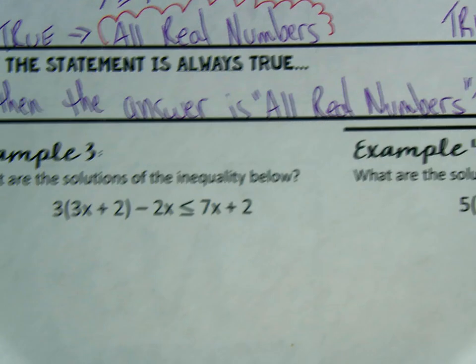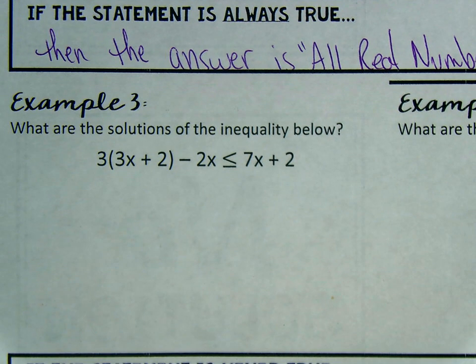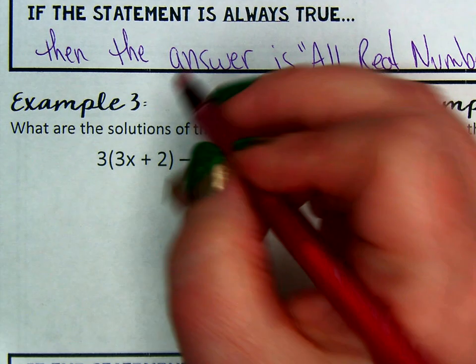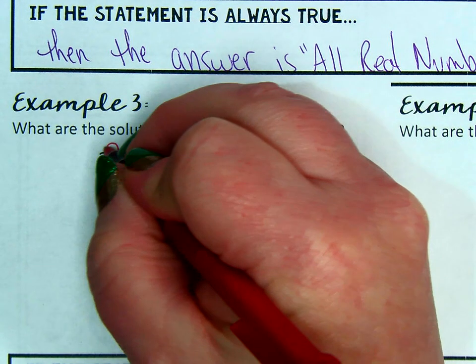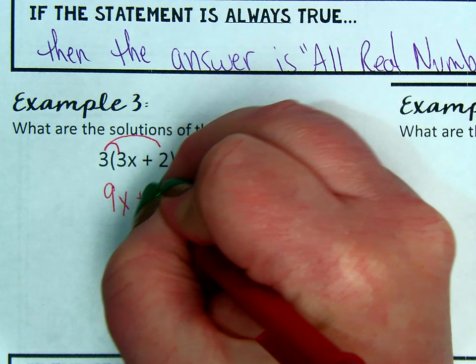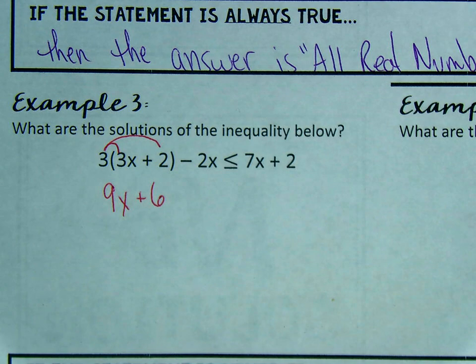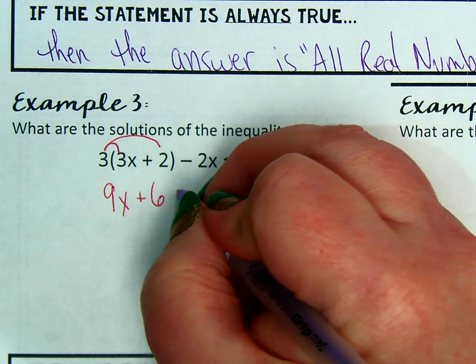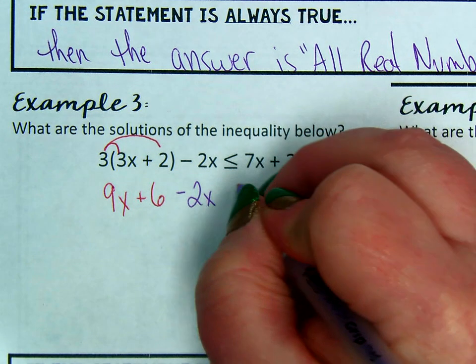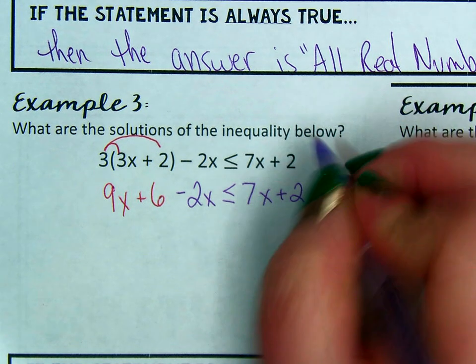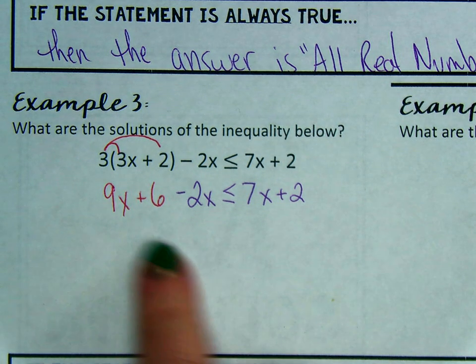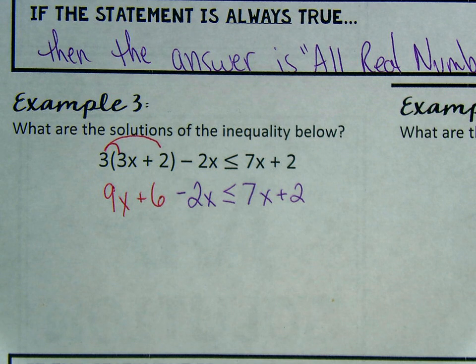If we look at example 3, again, this is a multi-step problem, we're going to start with distribution. 3 times 3 is 9. 3 times 2 is 6. I did not use the 2x, and I didn't change anything on this side. Don't start moving. After I distribute, my next step is combining like terms.